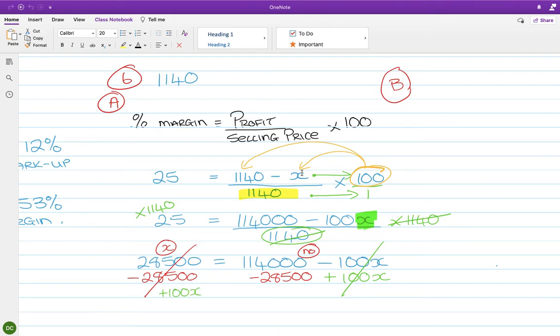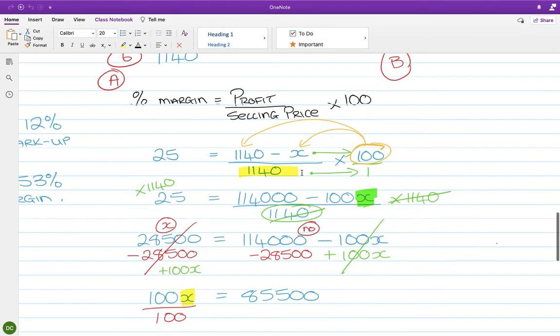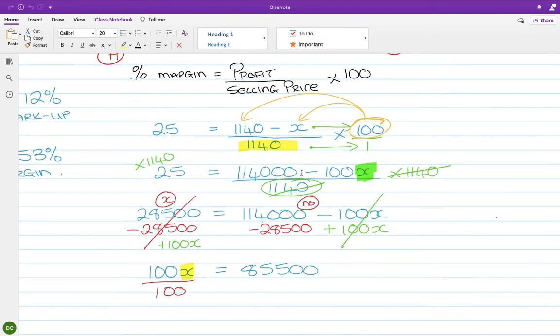Okay, so now I have 100x on the left, and that is 114000 minus 28,500 is 85500, and then I'm still trying to get this x, so I'll divide by 100, and I'll divide by 100, so x is €855.